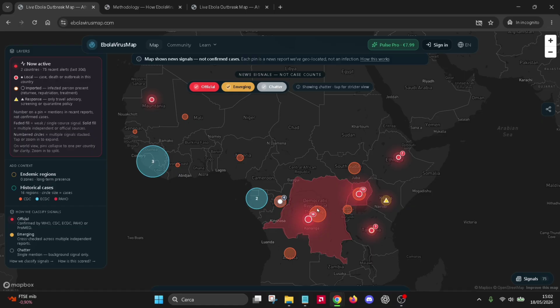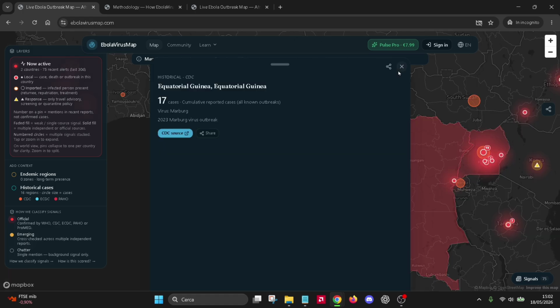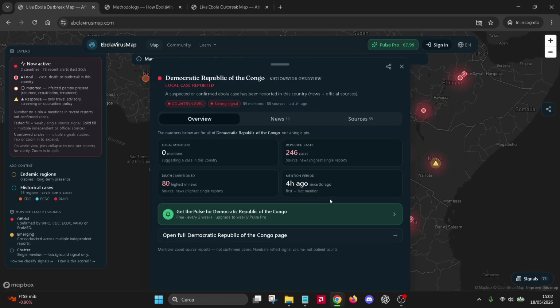The platform also illustrates a broader principle of OSINT. Publicly available information, when properly organized, can provide substantial insight into complex global events. The same analytical approach used to track ships, aircraft, or supply chains can also be applied to epidemiology.